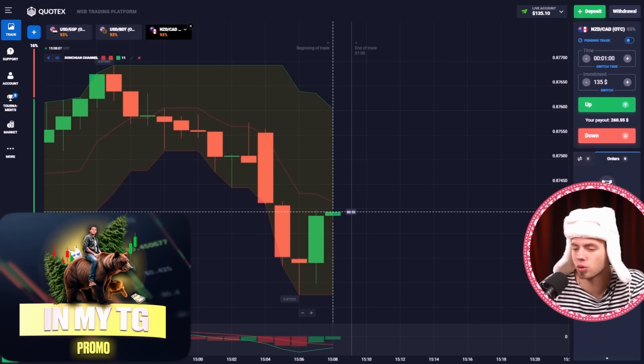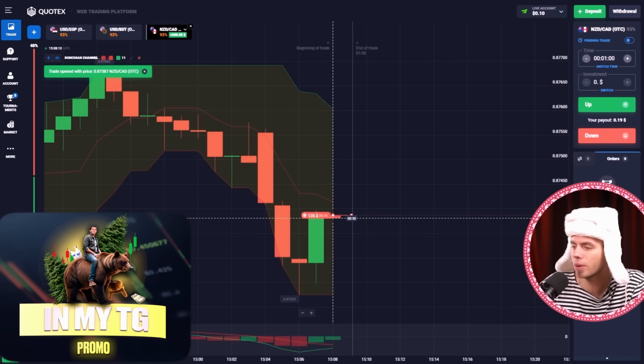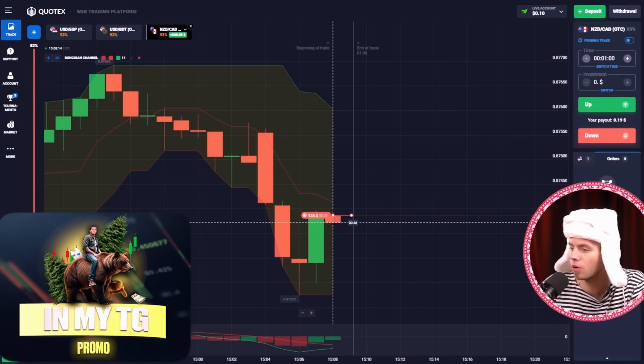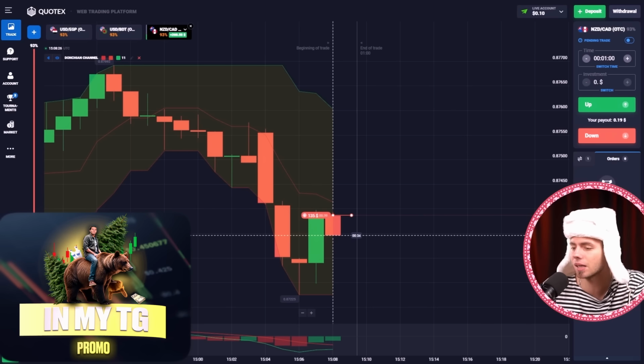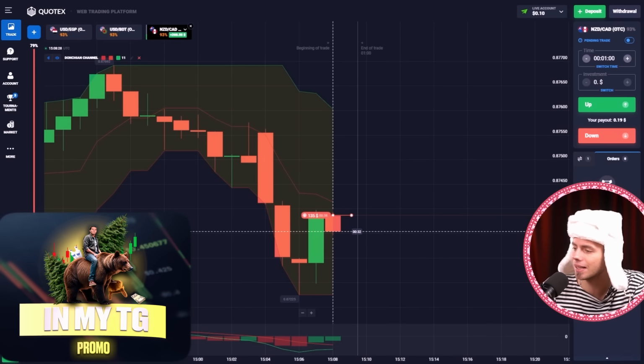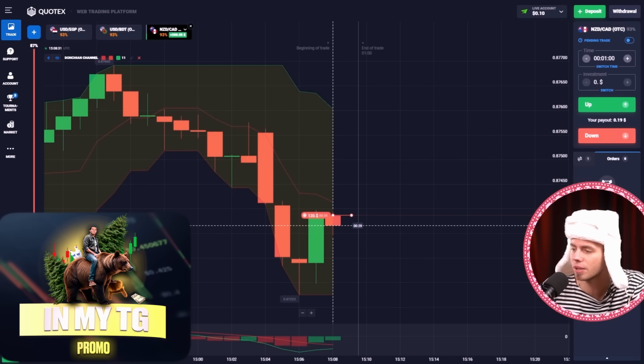So according to the MACD indicator right now, we are in a downtrend over here at the moment, and therefore we consider mainly short trades right now. We also failed to break through the middle line of the channel.